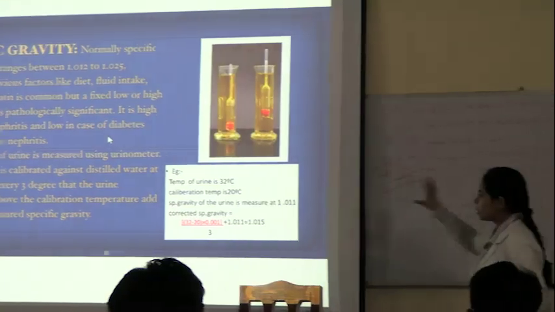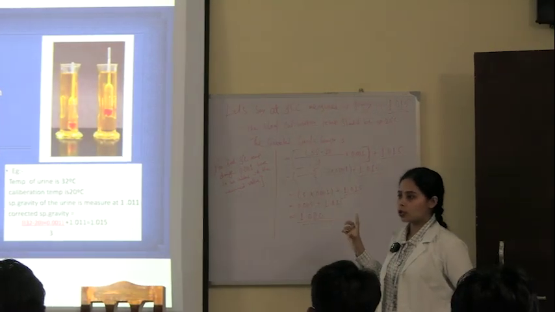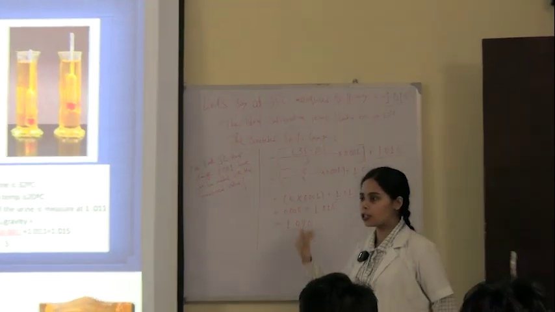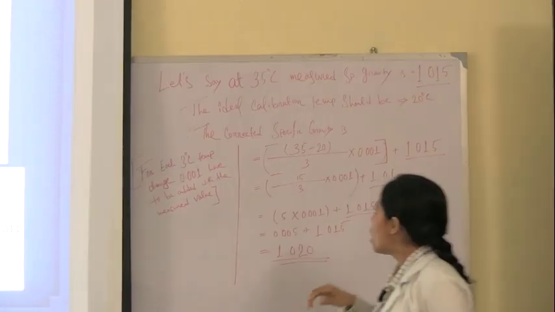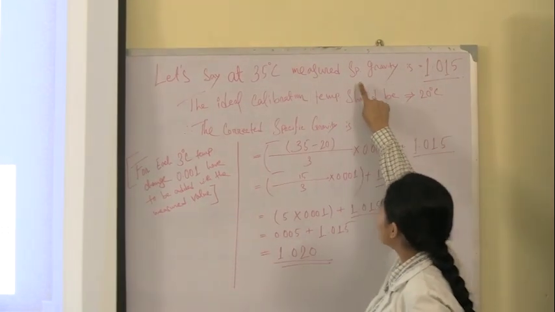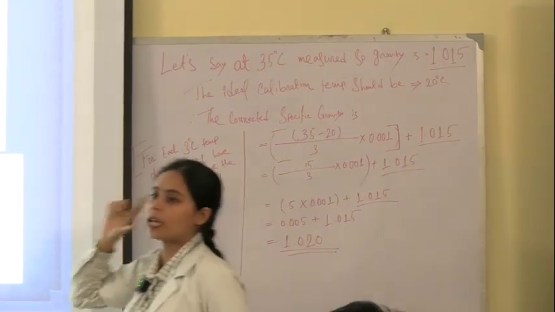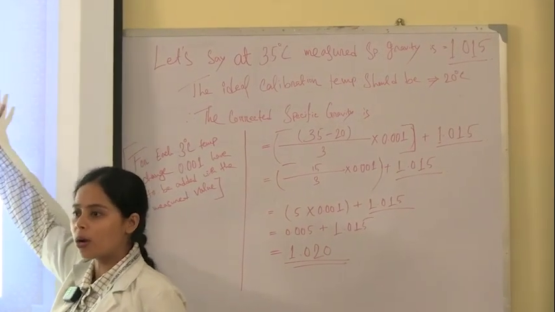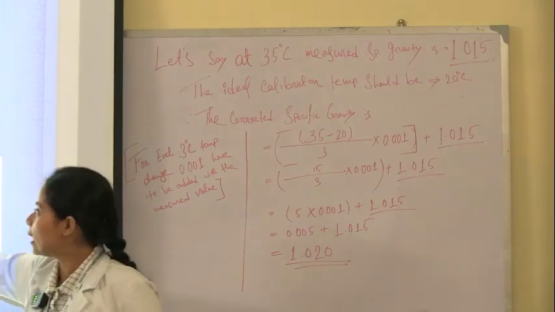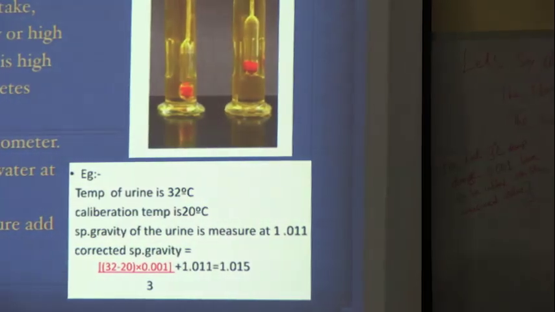I am giving you an example. Suppose you took a urine sample at 35 degrees Celsius room temperature. You cannot change it to 20, so you took it at 35. Now let's say that at 35 degrees Celsius, the measured specific gravity in the urinometer is 1.015.